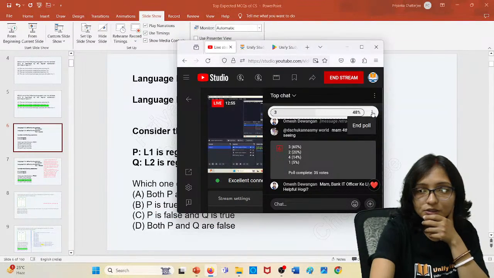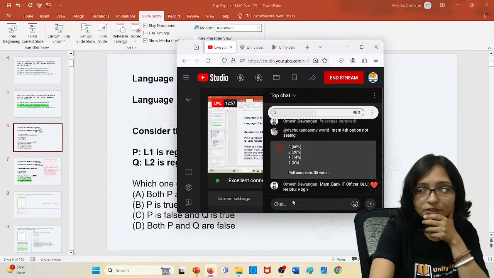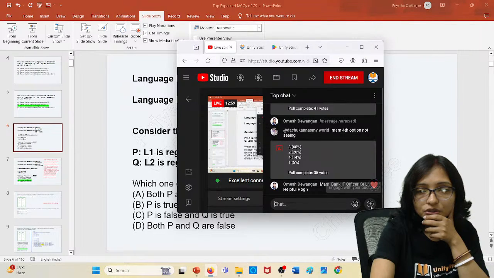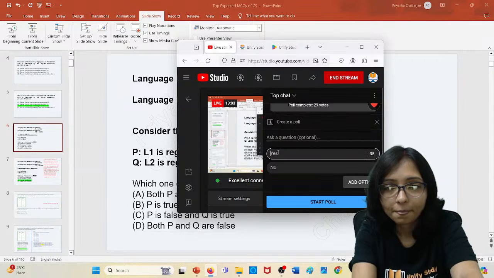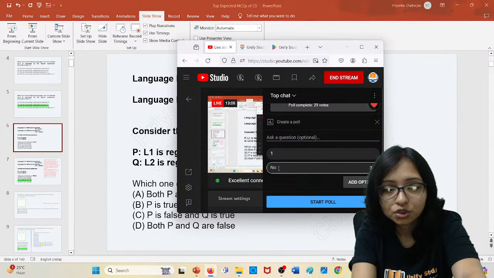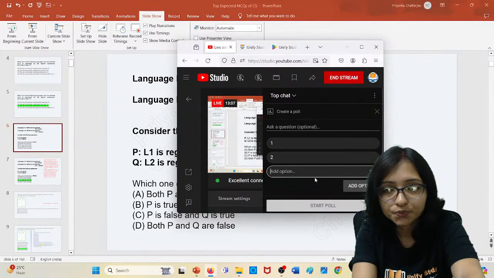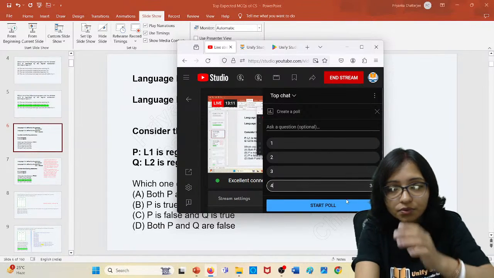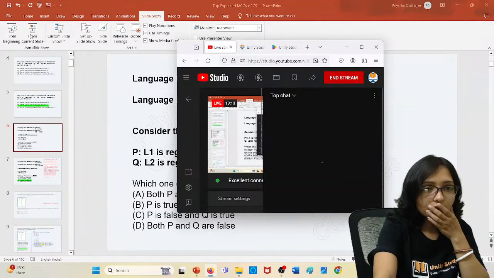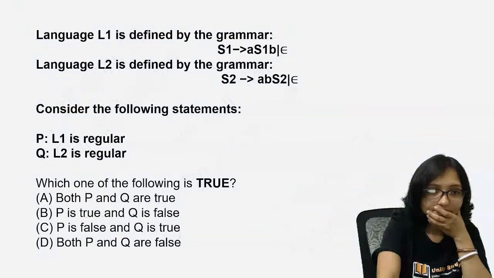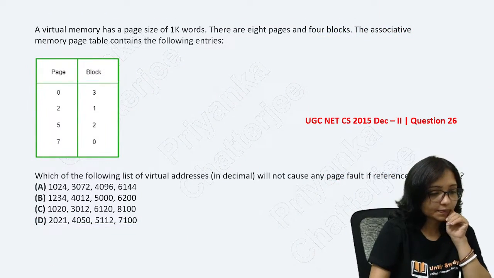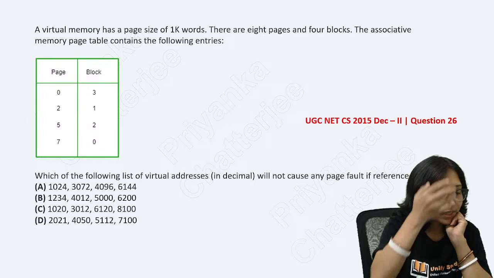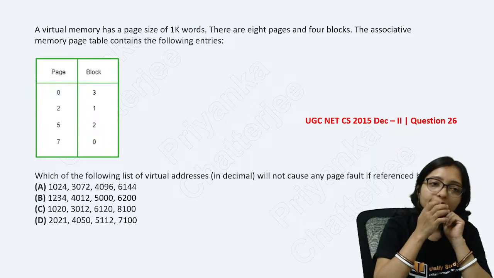Here I am ending this poll and I will show you the question. 1, 2, 3 and 4. Answer on the poll. Your question is this. What will be the answer for this?